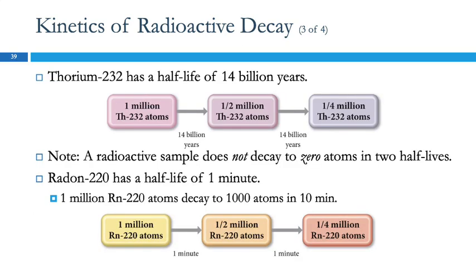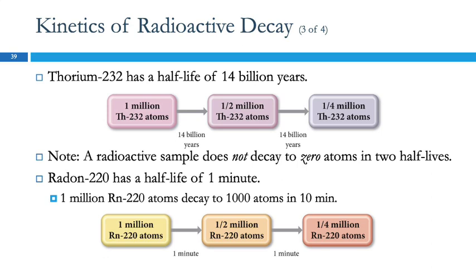So if we look at thorium-232, this has a half-life of 14 billion years. That's kind of long, right? If you started with 1 million thorium-232 atoms, is that a lot of atoms? That probably wouldn't even be enough to see.